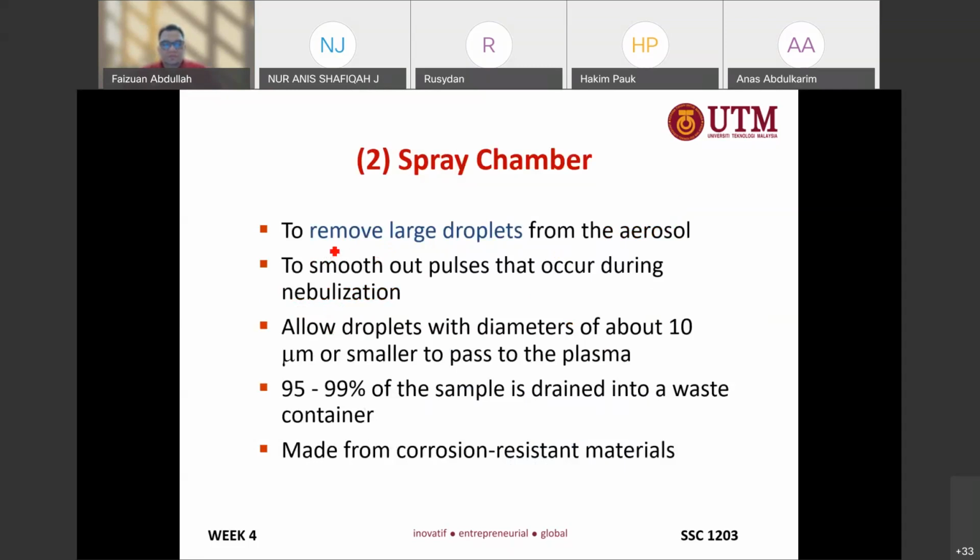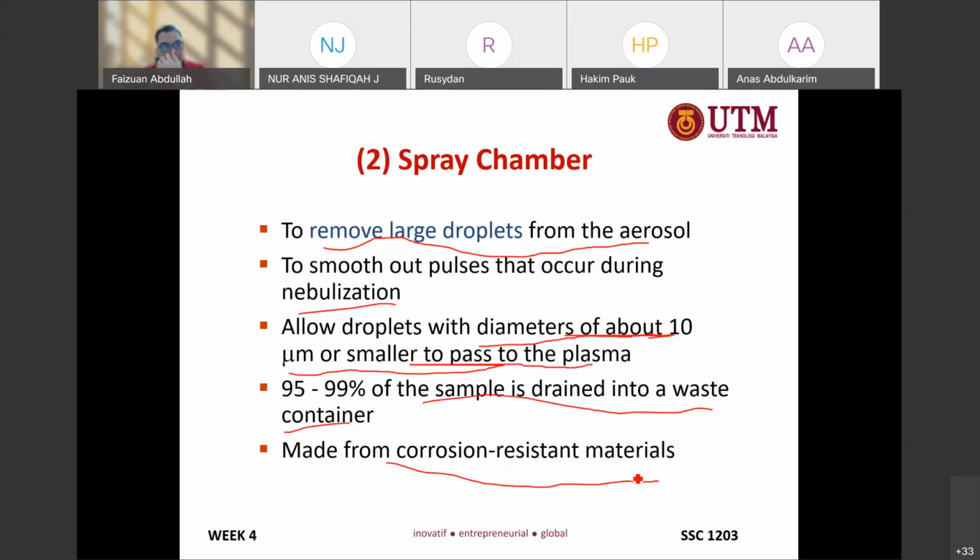The spray chamber in the instrument is to remove the large droplets from the aerosol. In the aerosol, there are some large droplets. We don't want those large droplets. We need to make sure all the droplets are small, and smooth out pulses that occur during nebulization, allowing droplets with diameters of about 10 micrometers or smaller to pass to the plasma. 95 to 99% of the sample is drained into a waste container made from corrosion resistant material.